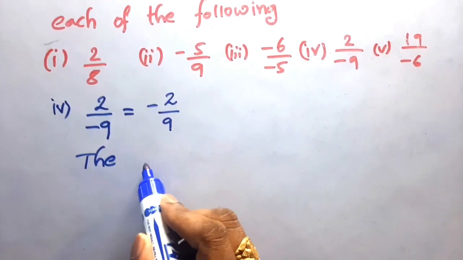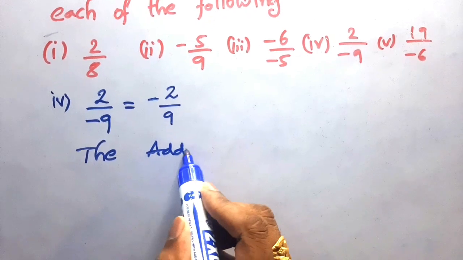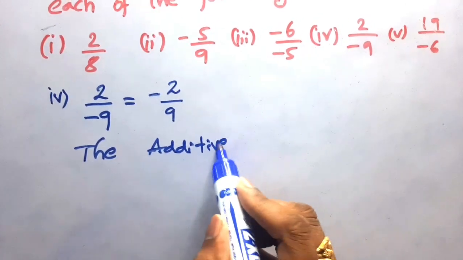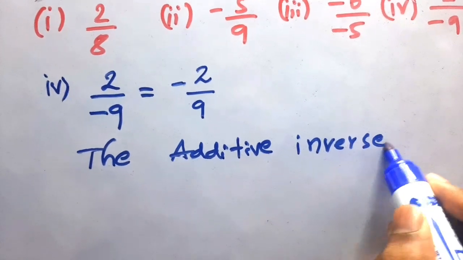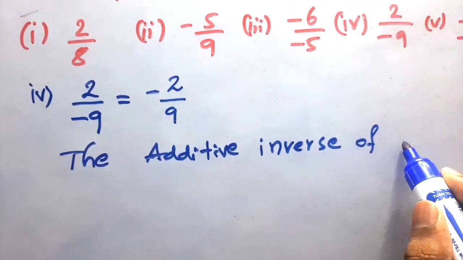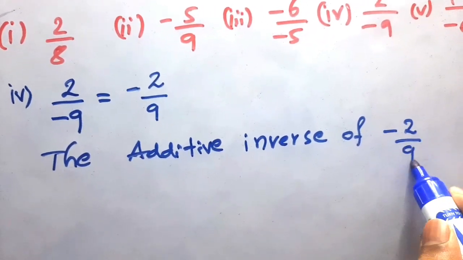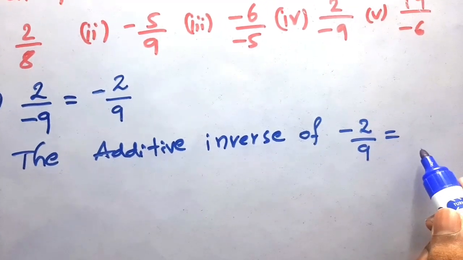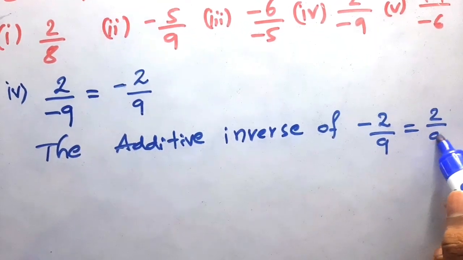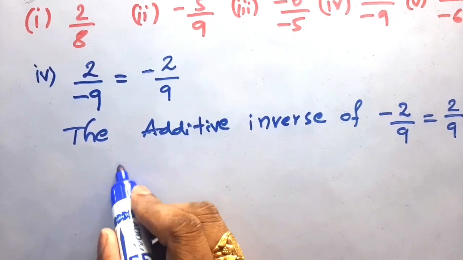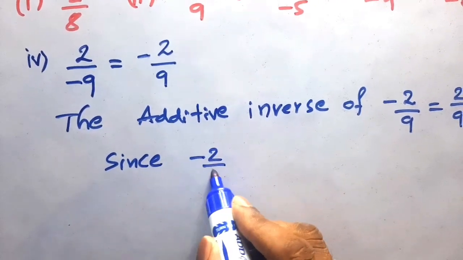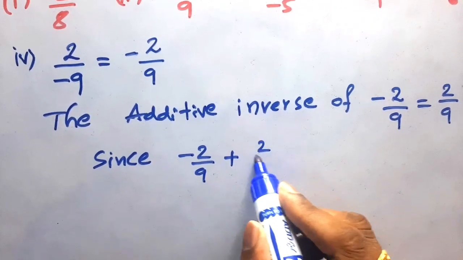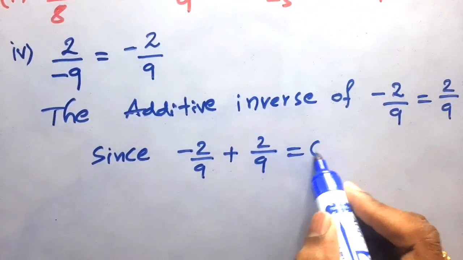The additive inverse of minus 2 by 9 is equal to plus 2 by 9. Since you can write minus 2 by 9 plus 2 by 9 is equal to 0.